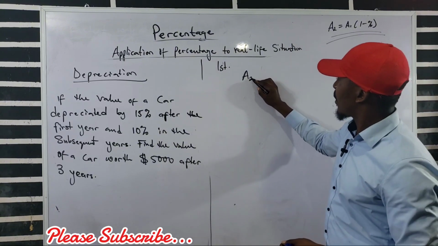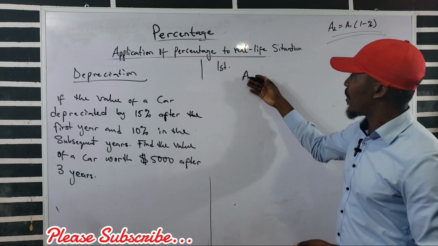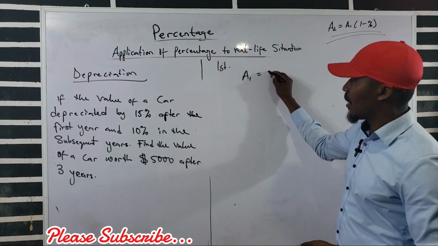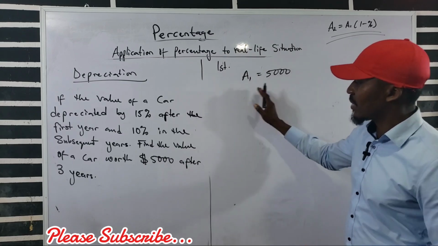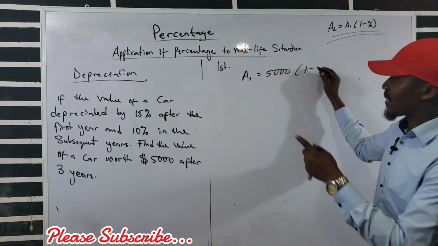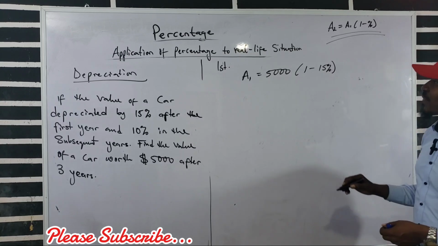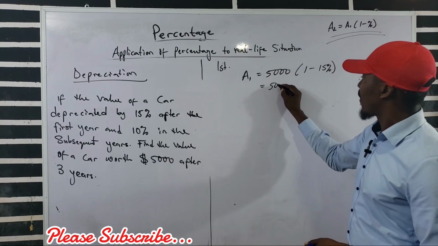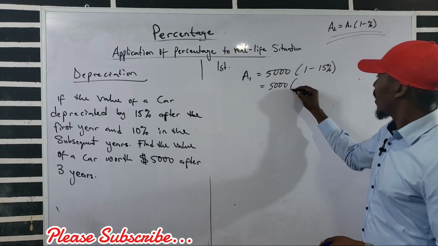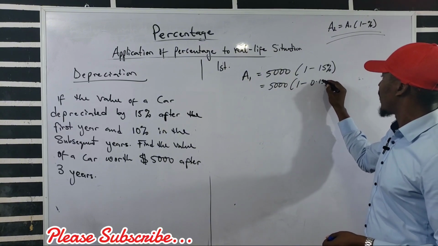So our A1, that's the amount after 1 year, is going to be 5,000, which is the amount of the car, into 1 minus the percentage for after 1 year. So that will give us 5,000 into 1 minus 15%, which is the same thing as 0.15.